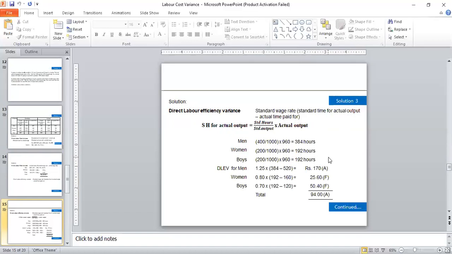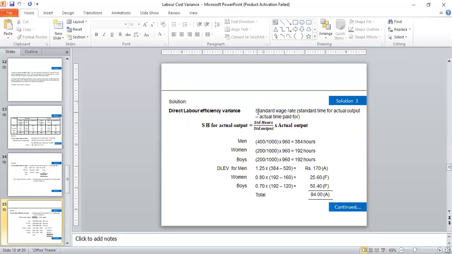In case of boys, again we have 200 standard hours specified for the production of 1000 output, while the actual output is 960. Now standard time for actual output is 192 hours. Now we are capable to calculate the direct labor efficiency variance.